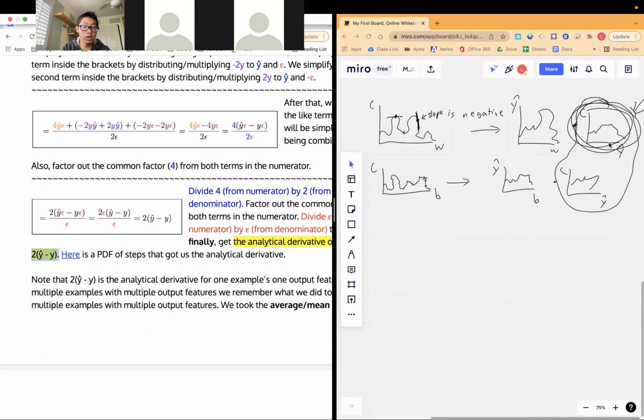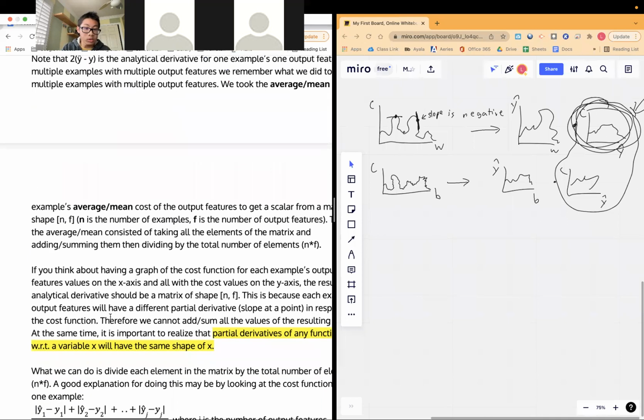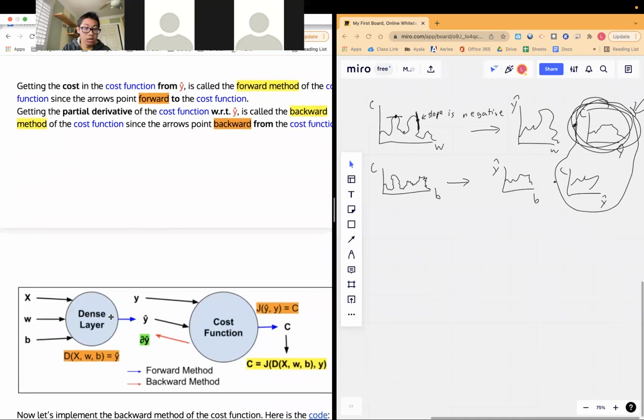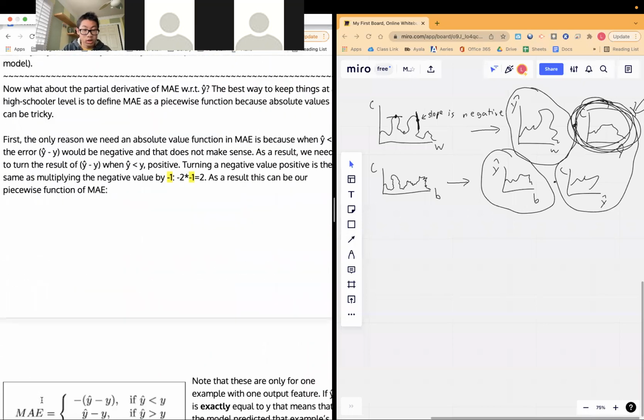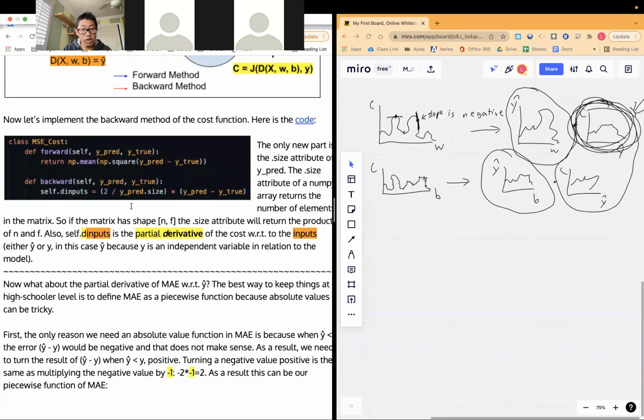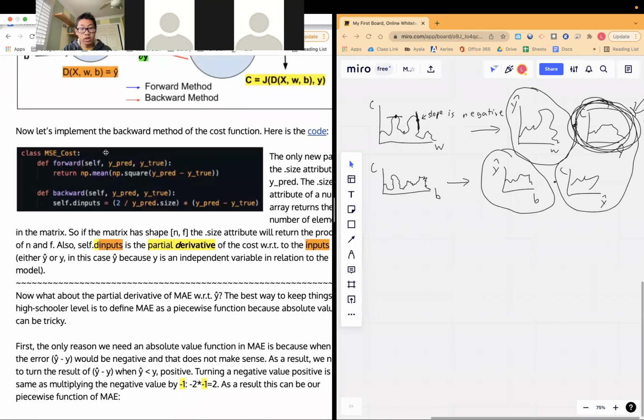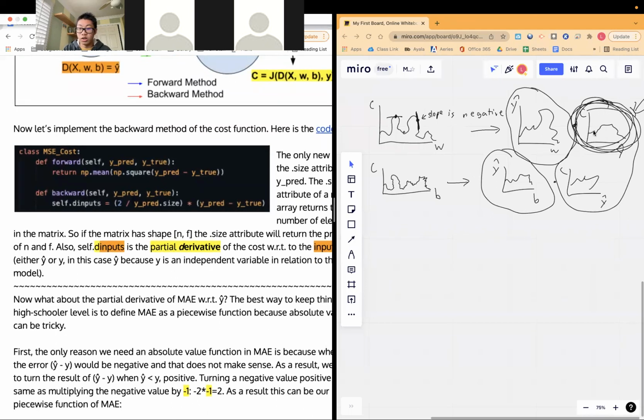Once we figure out the circled one, then we need to figure out this one and this one. To do this, I already showed you the code for this, right? For the backward method. The backward method gives you the slope at every single point on the graph.